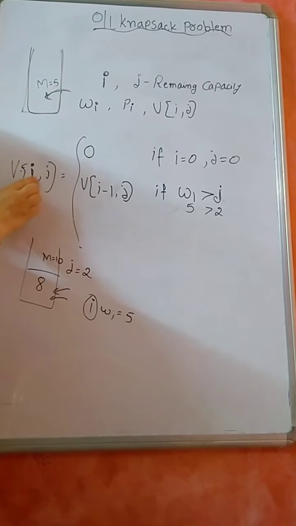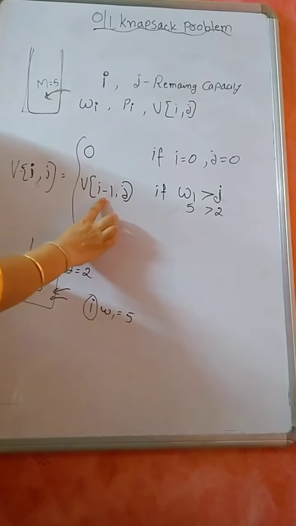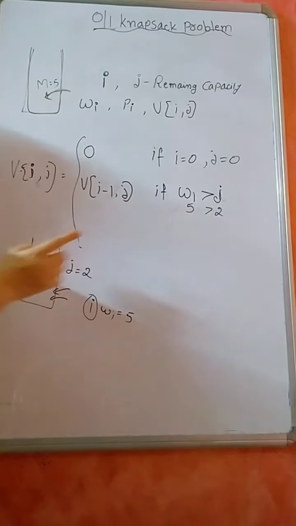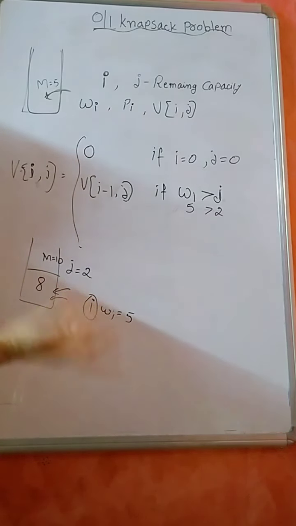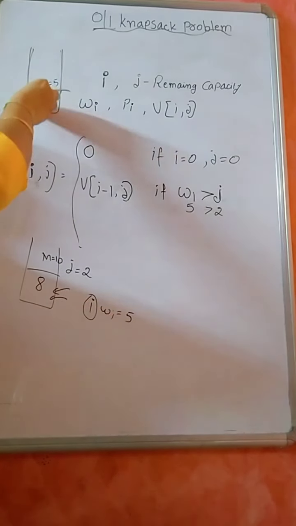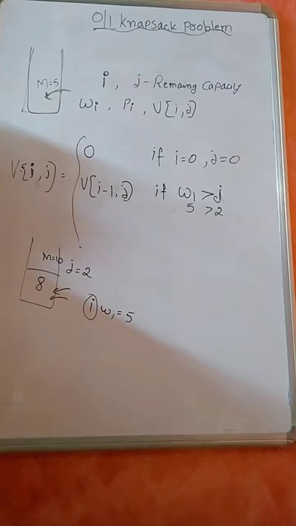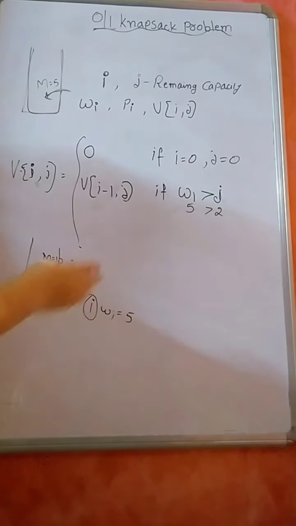So before I am selecting this i, whatever I have selected, but the remaining capacity will be same. Why? j is the same. Why? Because anyhow I am rejecting this ith object. If I am selecting that ith object and putting it into the knapsack, then I have to consider its weight. Anyhow I am rejecting it because its weight is greater than the remaining capacity.